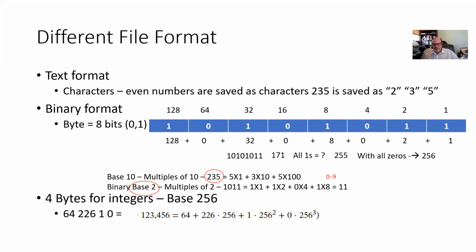That means I'm going to have 4 bytes of numbers to create one integer for me. So in that case, if I take 4 bytes, I am going to be multiplying by 256 because that's going to be my base. So each one of them is going to be 256. As I go this way, I'm multiplying it by 256.